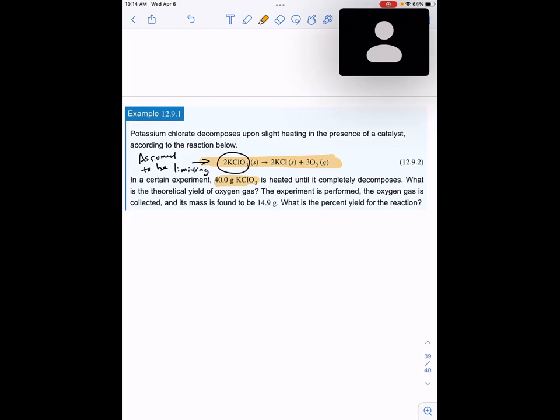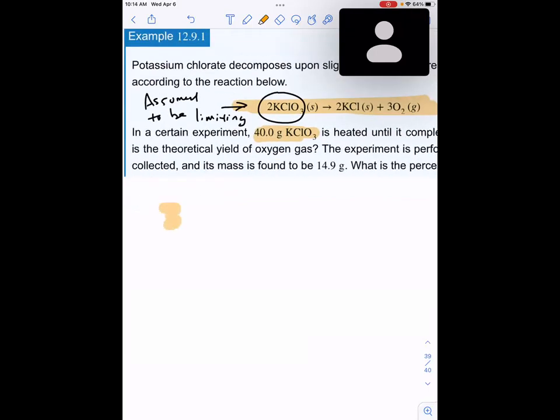What do we want to put in the top of our stoichiometric ratio, looking in terms of potassium chlorate and oxygen? If I'm trying to solve for oxygen, it's 3 moles of oxygen. So this is my ratio: 3 moles O2 over 2 moles KClO3.